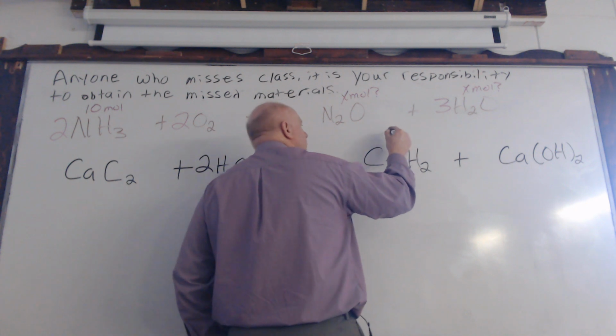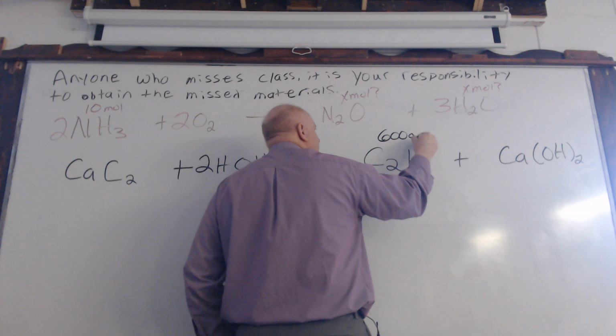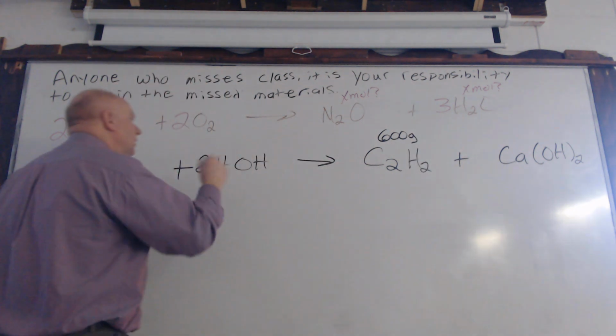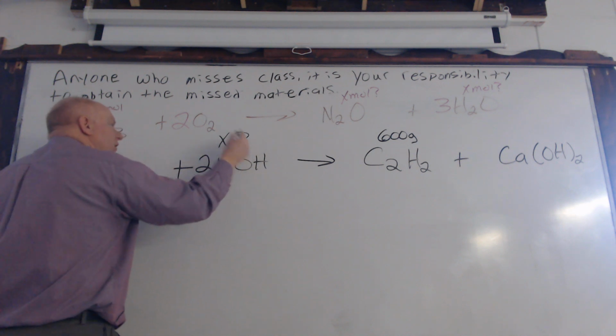If we needed, let's say, 600 grams of acetylene, how many grams would we need to start with?